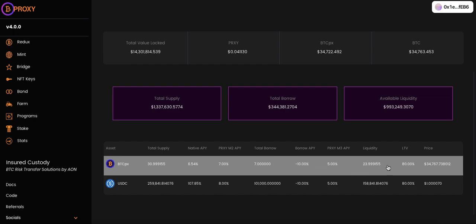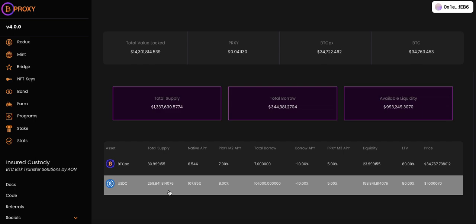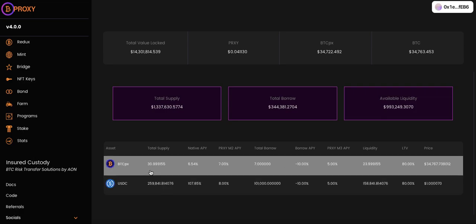Here we have the total liquidity, the loan to value, and the price of the asset. One thing to note here is on the USDC, the interest rate for Redux can actually go higher for the suppliers than what's being paid by the borrowers, and that happens when certain conditions are met, and I'll explain that to you in the next screen.